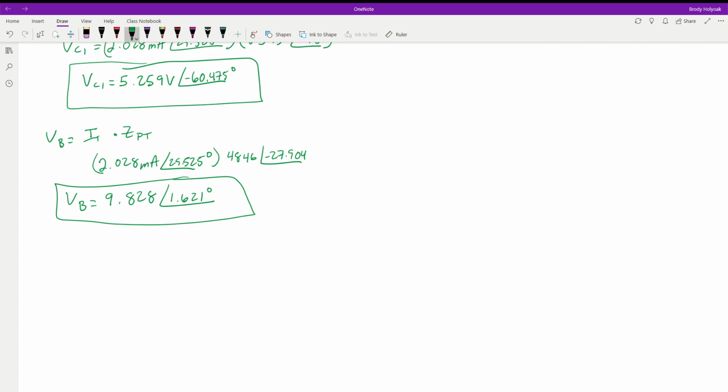All right, we got through those parts. Now we need to do our Kirchhoff's voltage loop to double check that what we're putting in is being dropped across these three components.